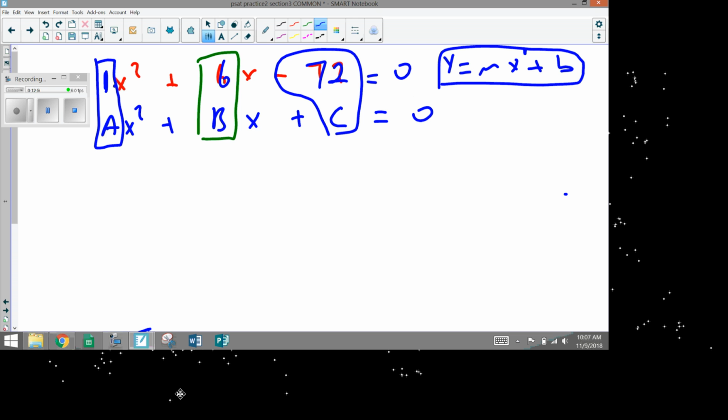So this is the way we find a, b, and c. And let's get back to the question. In this one, let's do one more practice. If I ask what is this, you will say negative b over 2 times a. b is 6, a is 1. So that makes negative 3, right?